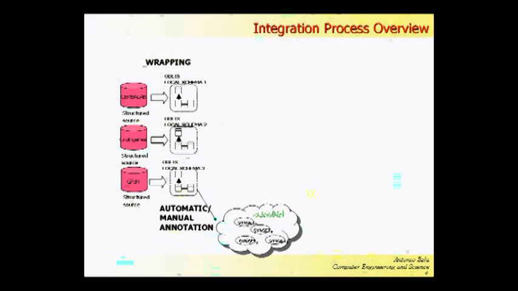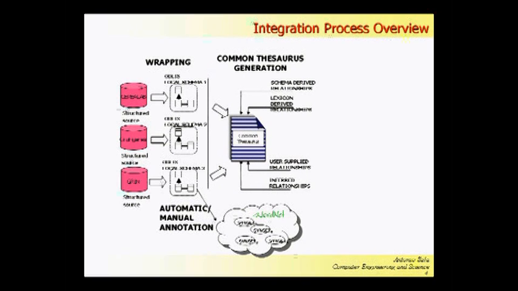And these schemas are then semi-automatically annotated according, in our case, with a manually extended version of WordNet. Then the framework creates a common thesaurus exploiting the annotation with WordNet to extract lexicon-derived relationships. Then the framework extracts other relationships from the schema.